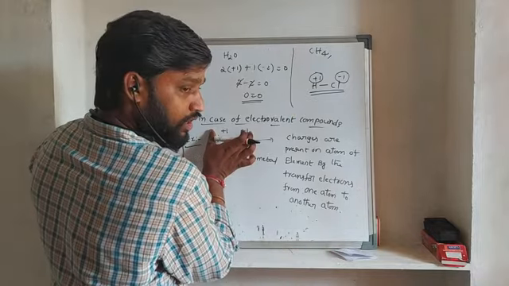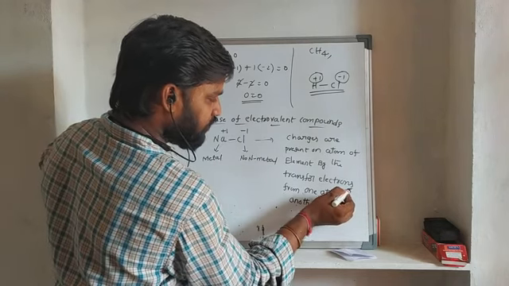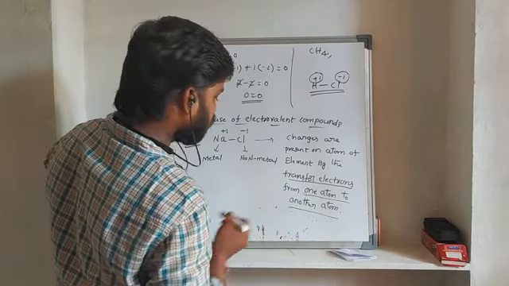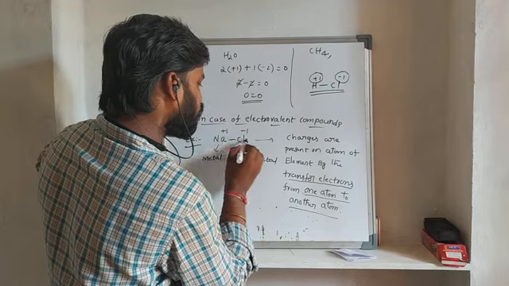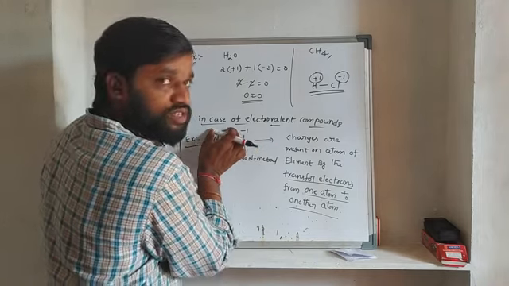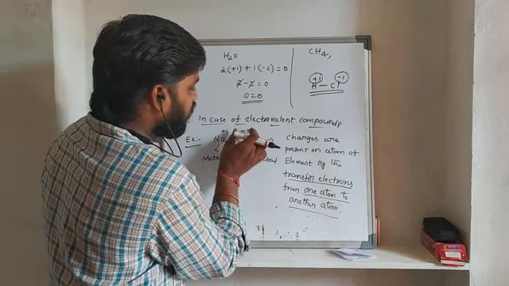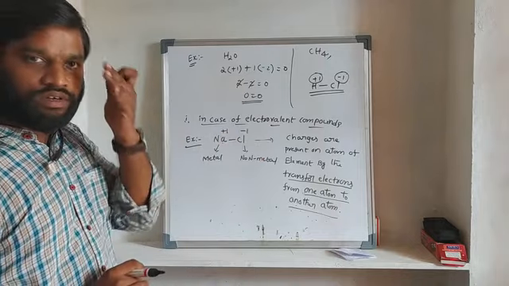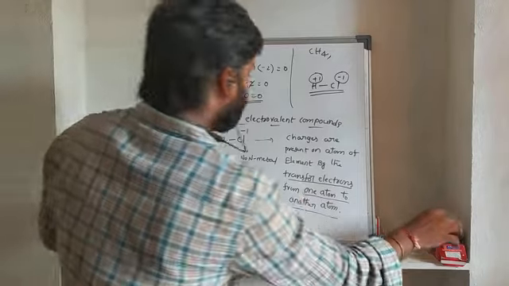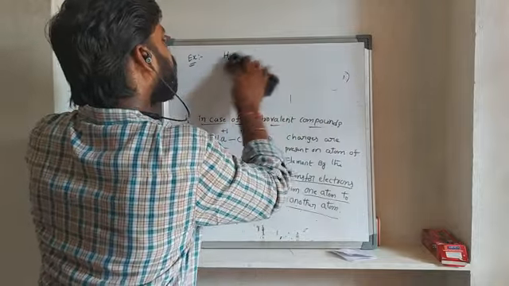Means one electron transfers from sodium to chlorine. Means sodium loses one electron. That's why positive charge acquires on sodium atom. Chlorine gains one electron. That's why negative charge acquires on chlorine. Okay. So first one in case of electrovalent compounds, and second one in case of covalent compounds.